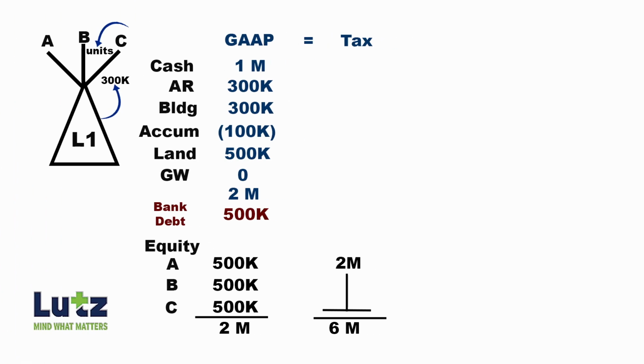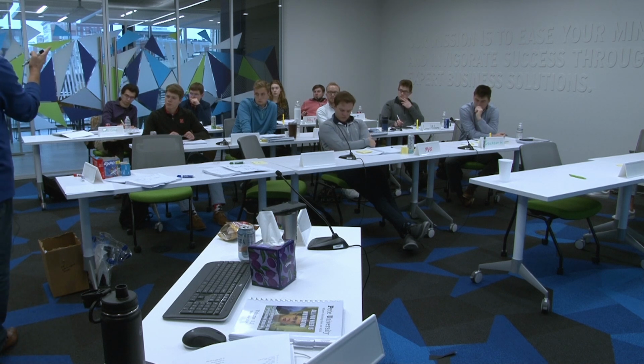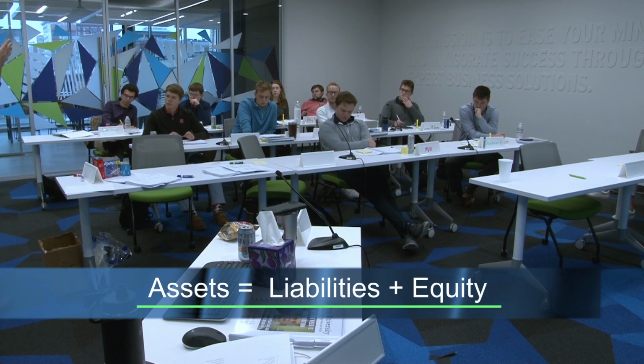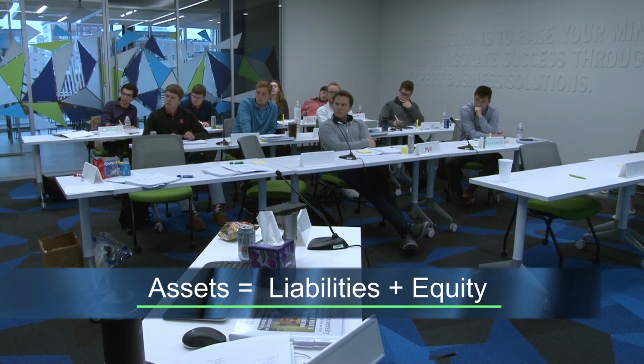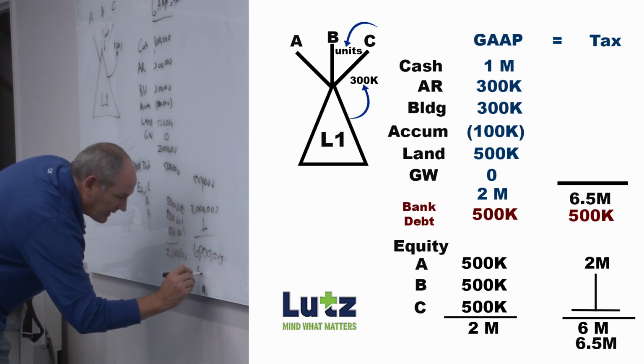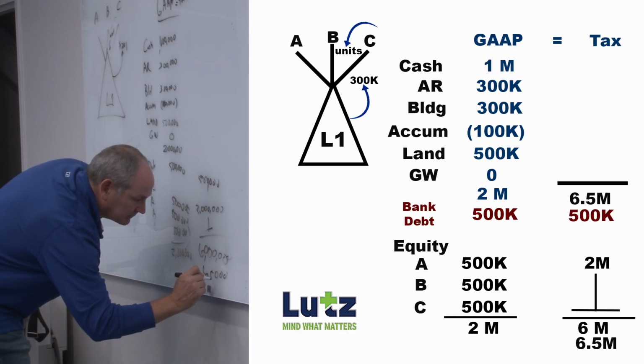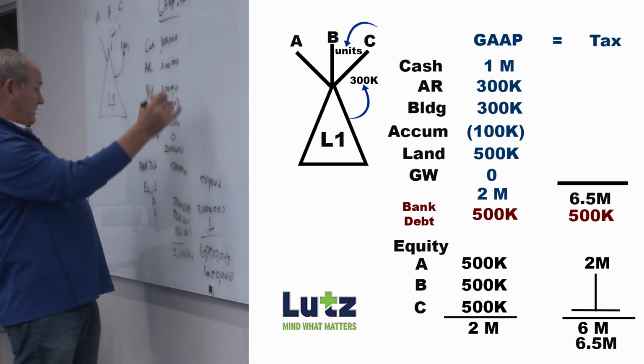Okay. So, Allie, what's my accounting equation? Assets equal liabilities plus equity. Okay, so I have my equity, right? What's my liabilities? The 500. So now I have 6.5 million of total, right? So now I come back up here to the asset side, correct?